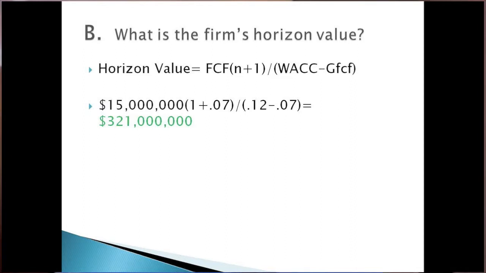So you're going to get 15 million times 1.07. Then you're going to divide it by the WACC minus the growth rate, which is 0.12 minus 0.07, and that is going to equal 321 million. That's what it's going to equal, as you can see in the calculations here.